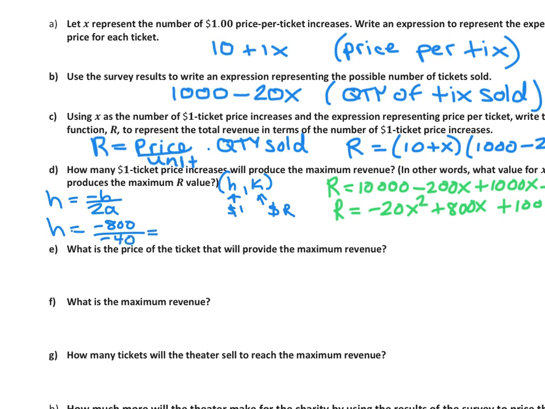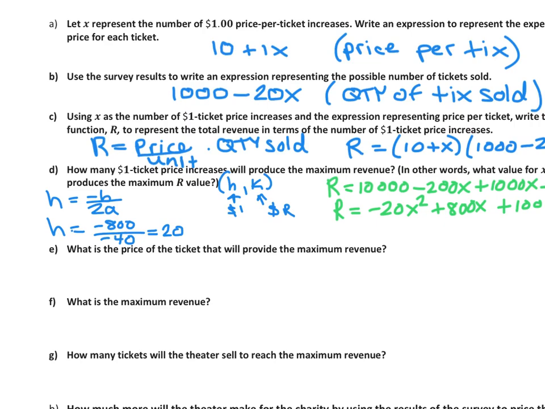And so if we look at what this results in, we've got 20. So in this context, we just solved for the number of $1 increases that our marketing people tell us are going to help maximize our revenue. So $20 increase on top of the $10.